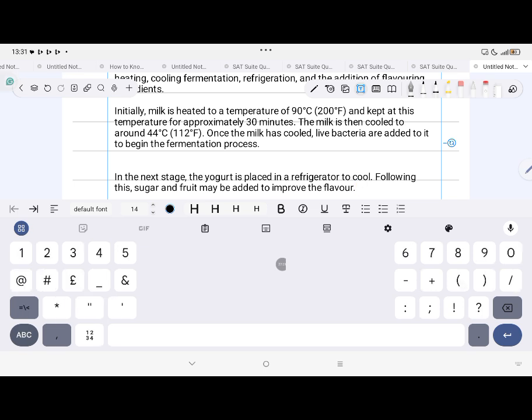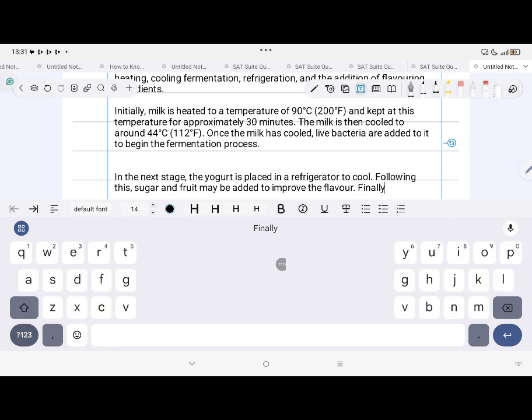So we now mention the last stage. Finally, the yogurt is poured into small containers. You could call them bowls, you call them cups, but I think that I just want to say containers to be safe.